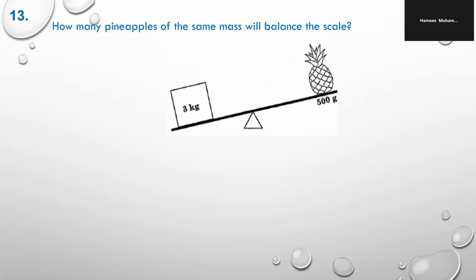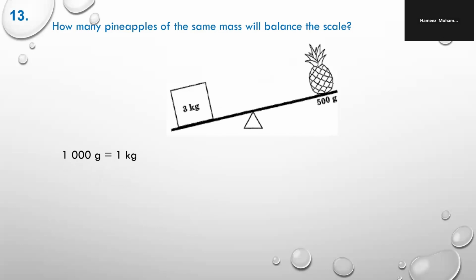And if we want it balanced, notice that some things are in kilograms and some are in grams. Do you remember the conversion? What does kilo mean? That prefix kilo means 1,000. So we can say 1,000 grams is the same as 1 kilogram.